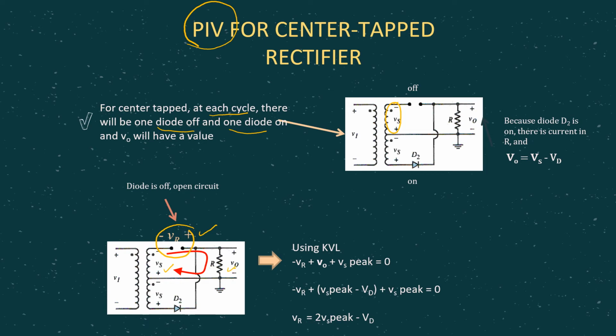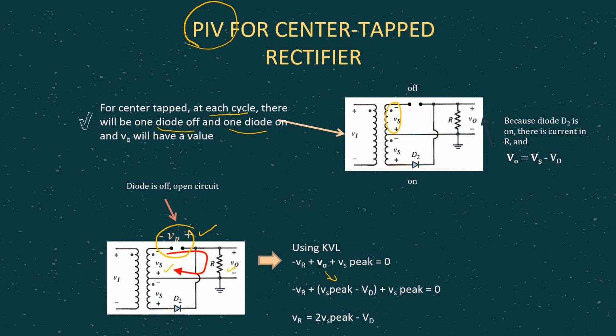Then in this case, remember V naught can be replaced with Vs minus Vd from before. So from here we can get Vr actually equals 2 Vs peak minus Vd.